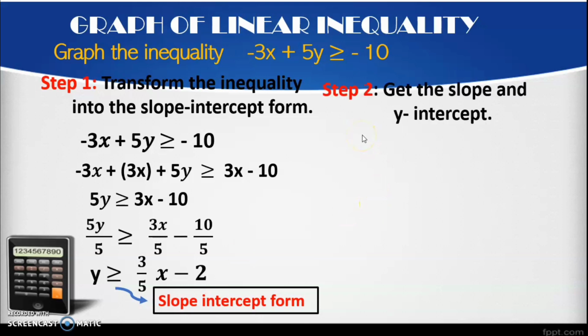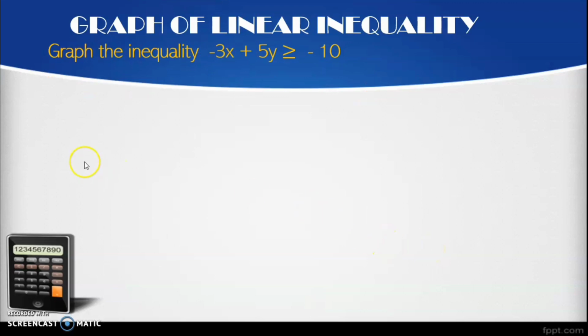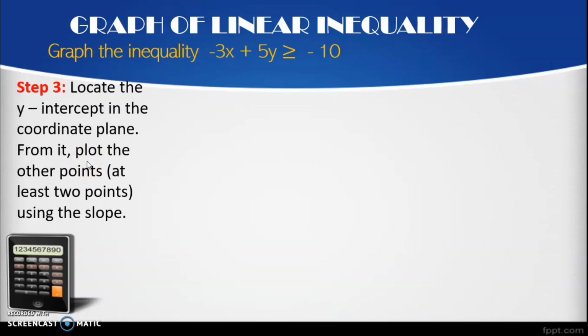Step 2, get the slope and y-intercept. So, our slope is 3/5. Then, our y-intercept is negative 2. Step 3, locate the y-intercept in the coordinate plane. From it, plot the other points, at least 2 points using the slope.